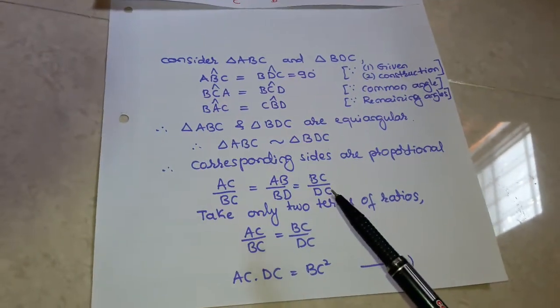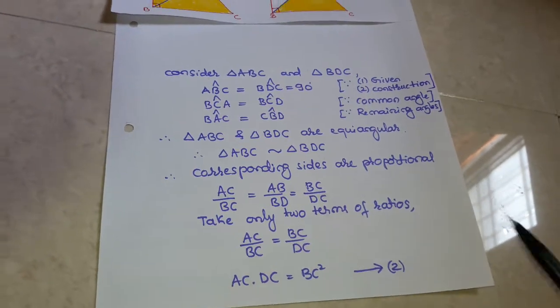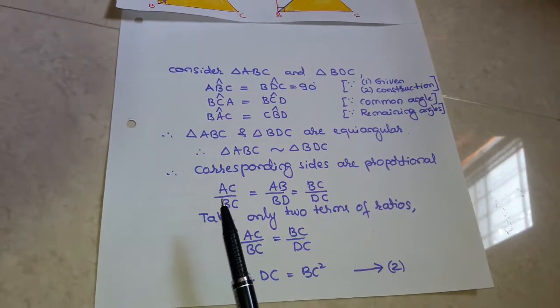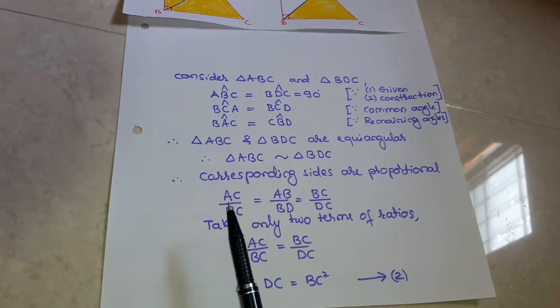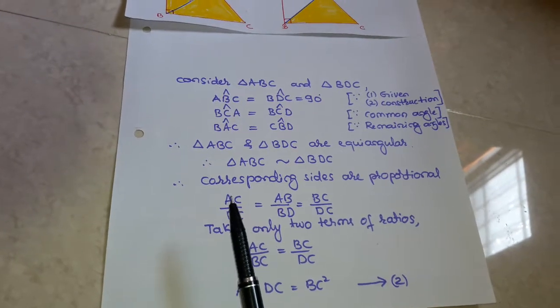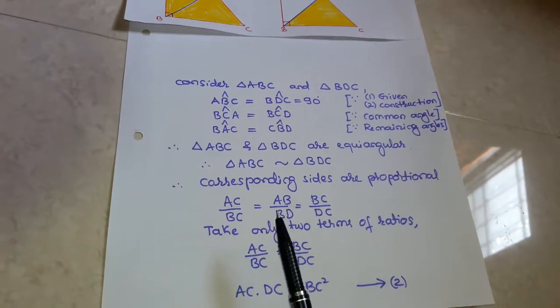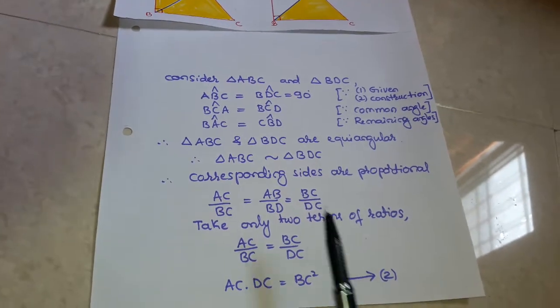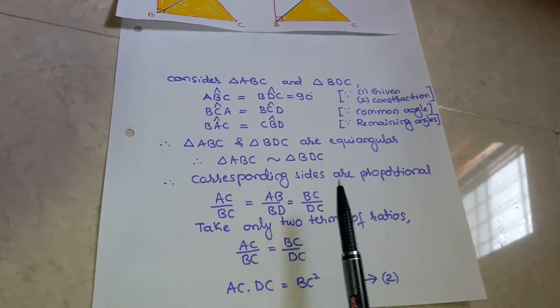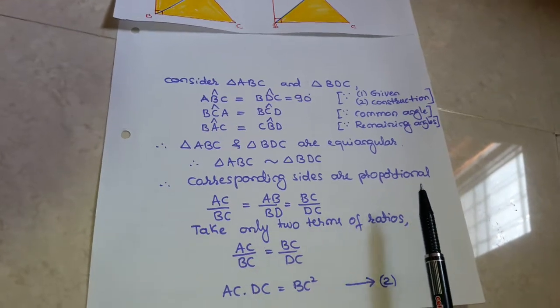So BC by DC. So in this manner we write three pairs of corresponding sides in ratios: one pair, second pair, third pair, and we write that they are equal. See, this is what we mean by saying corresponding sides are proportional.